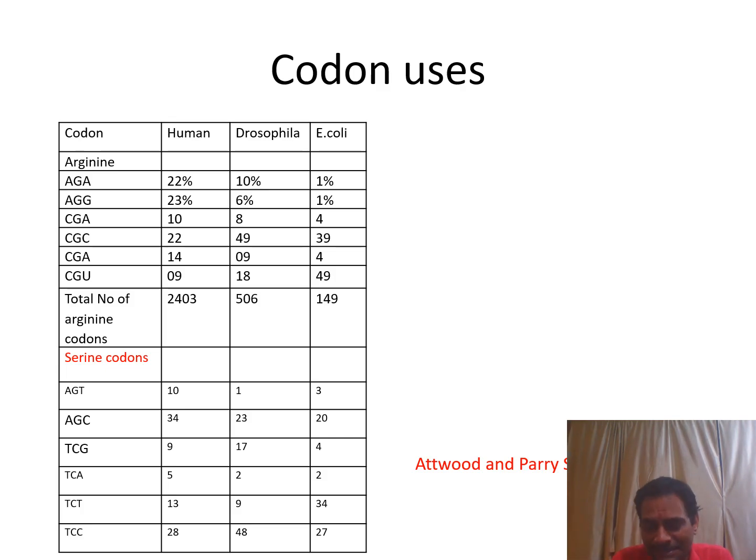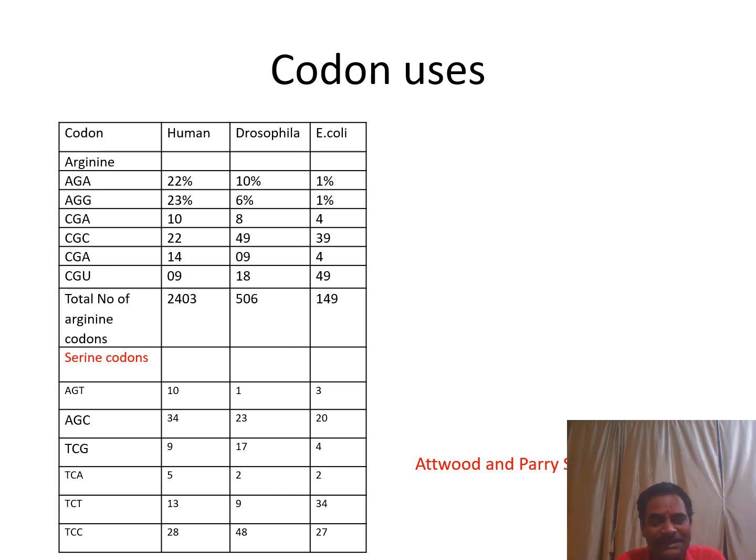So since E. coli doesn't prefer this AGA codon, during translation the tRNA having the anticodon for AGA will not come quickly to the ribosome.